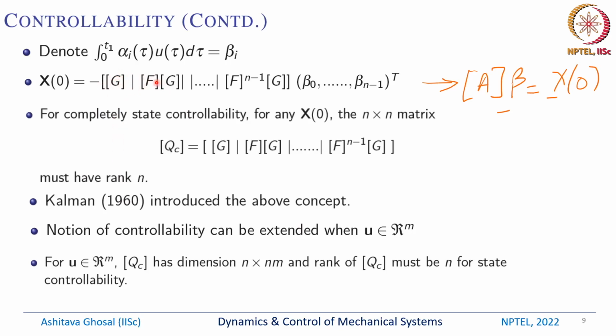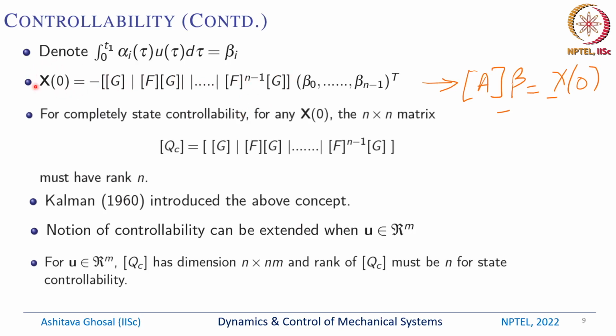Then the next column is F into G. The third column is F square into G. And the last column is F to the power n minus 1 into G. Since G is an n by 1 vector, F into G is also an n by 1 vector, and all of these columns are n by 1 column vectors. So this matrix here is fully an n by n matrix.